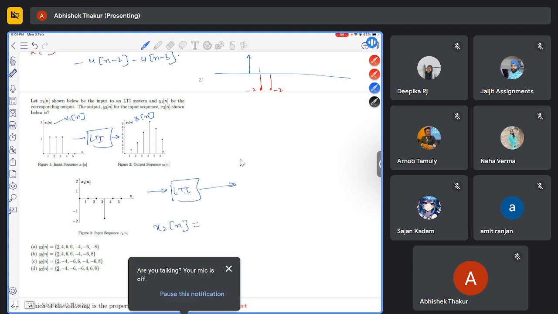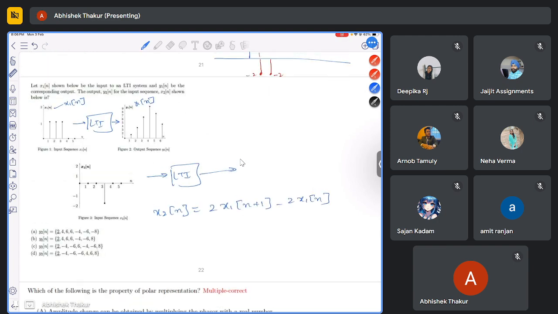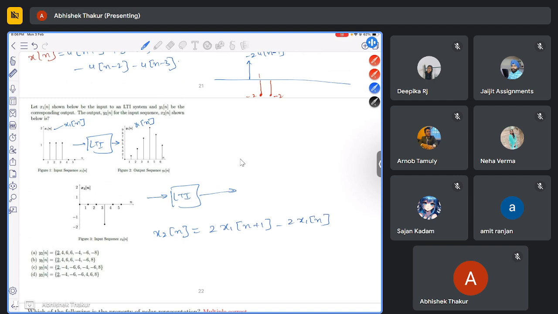x2n can be written in terms of x1n as 2 of x1n plus 1 minus 2 of x1n. Let's see what this is. 2 of x1 n plus 1. First we'll write x1n. So this value is 0.